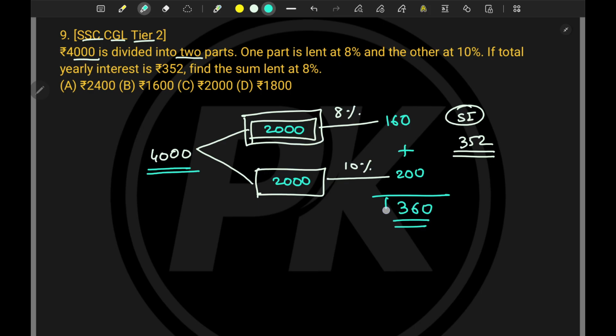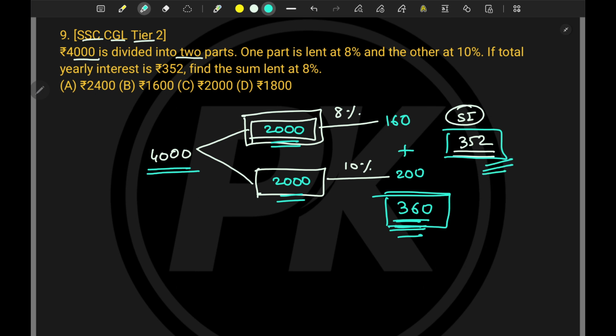Now tell me, are we getting this 360 rupees? No. How much interest are we getting? 352. Here is an interesting observation. If I equally divide it into two parts, I am getting more interest than what is given in the problem.